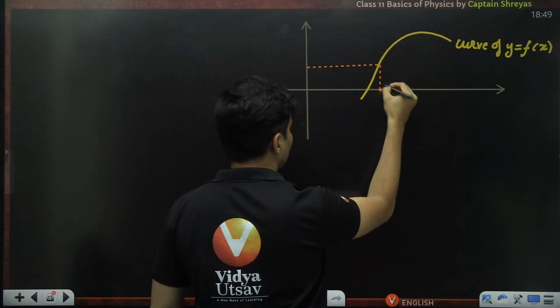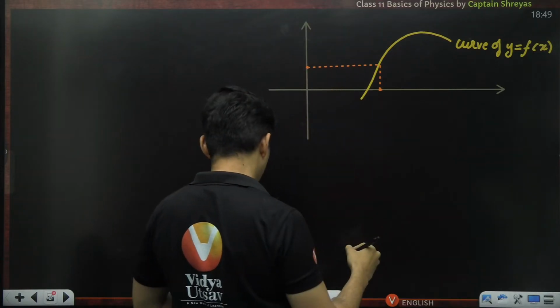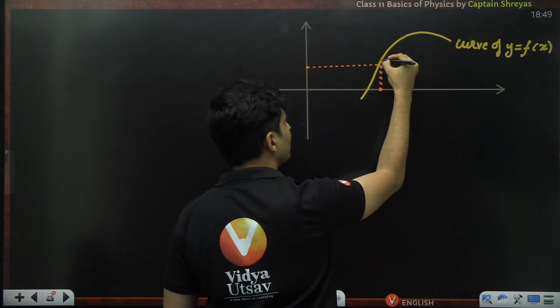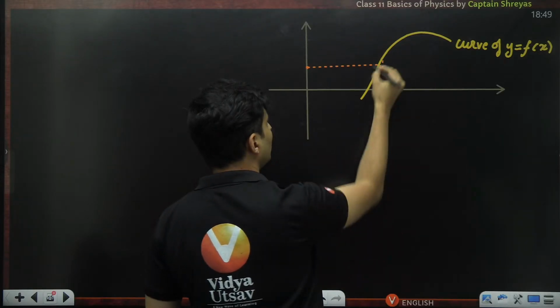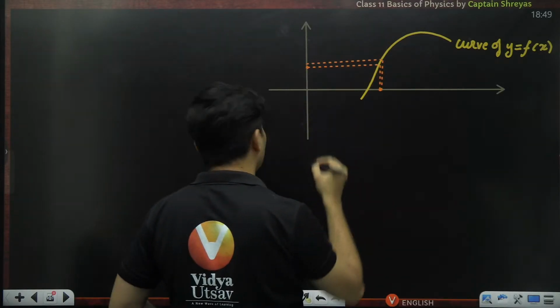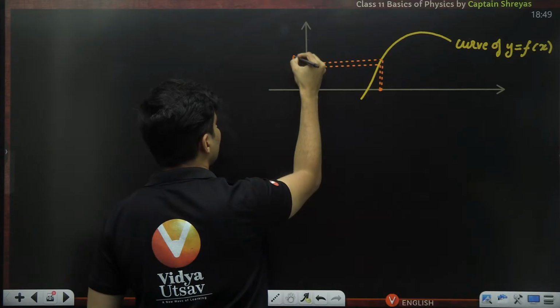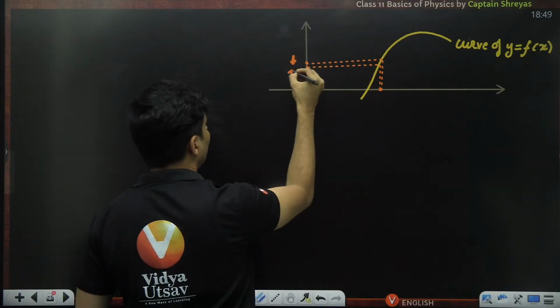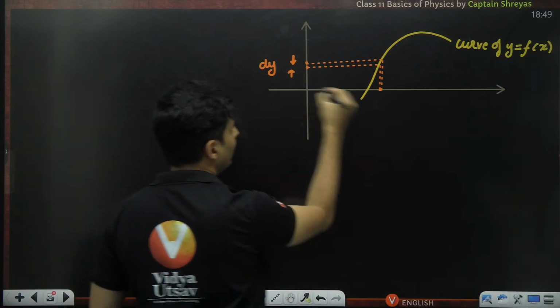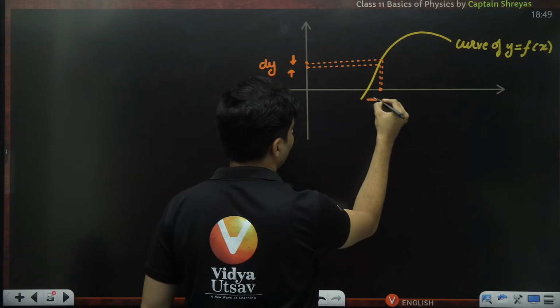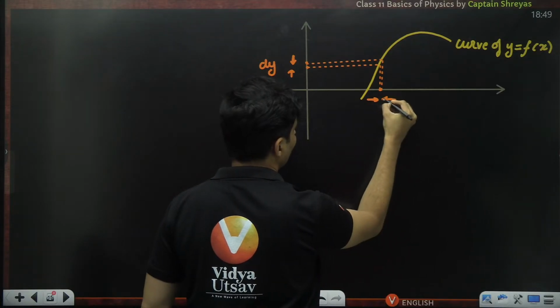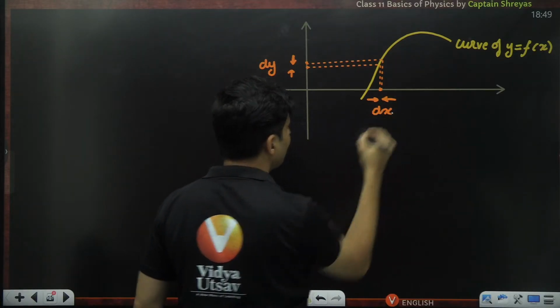So I have got it very, very close. It's like they are two neighbors. They are so close that they are two neighbors. So that difference which is now there between the y-axis, that is dy. The difference which is now there between the 2 points over here, that is basically dx.